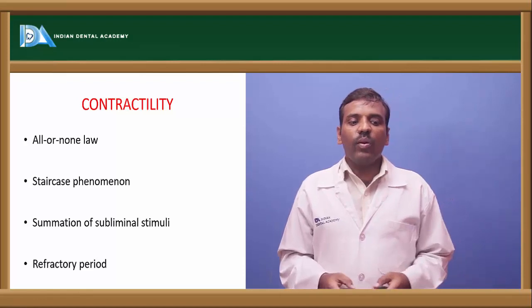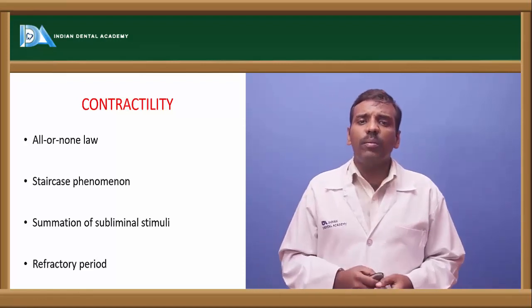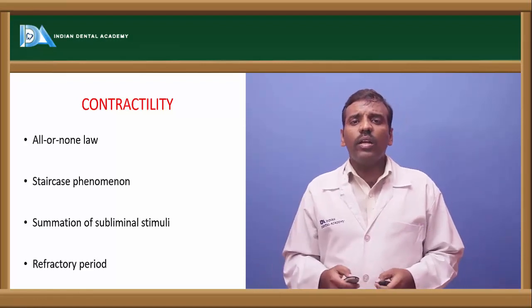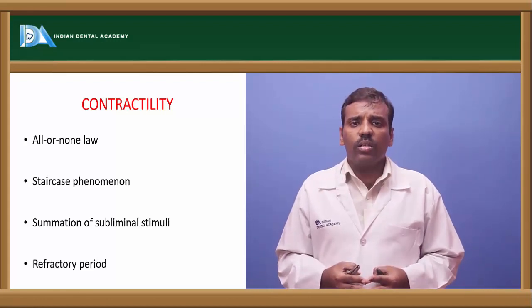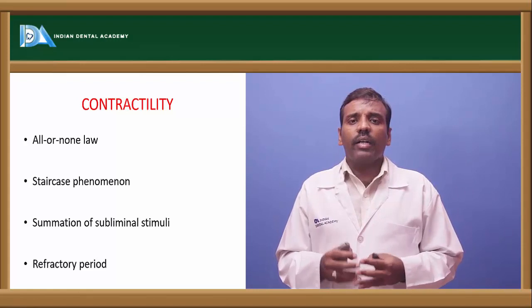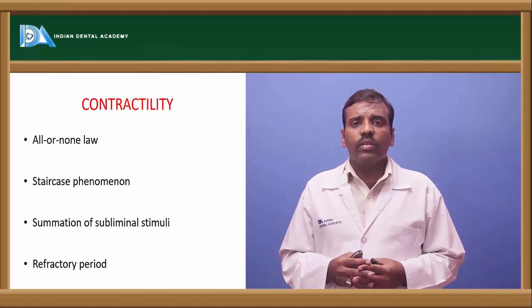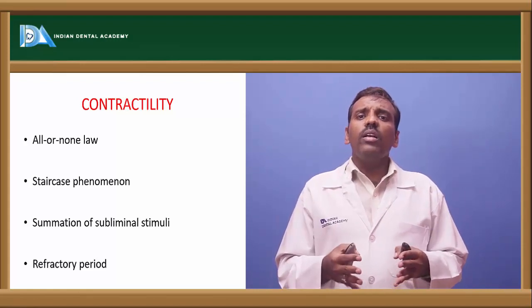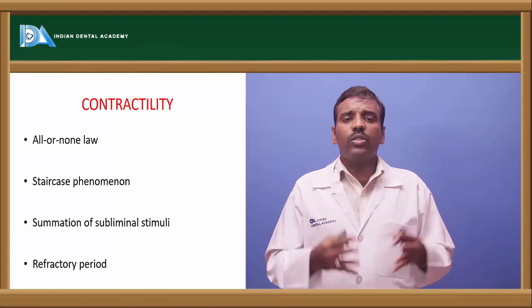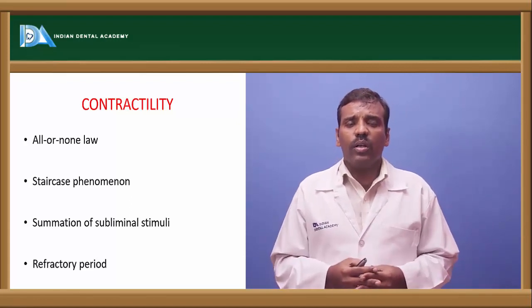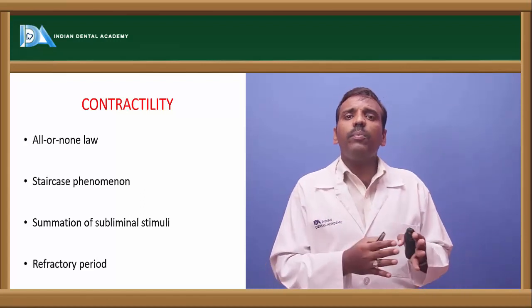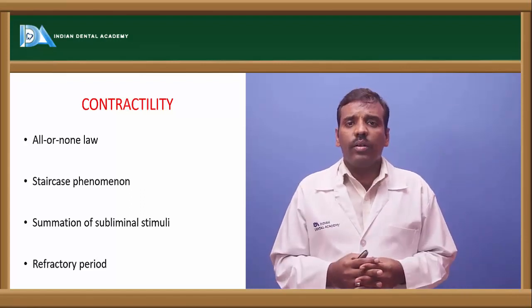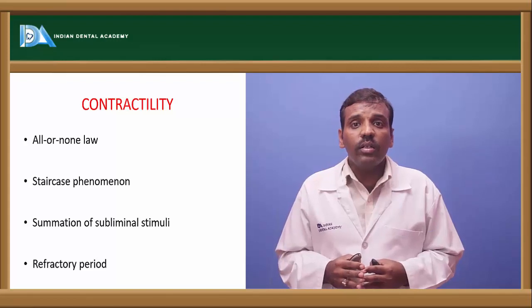And next one is summation of the subminimal stimuli. For example, if it needs 6 volts for the complete contraction of the heart, but only 2 volts is produced by the SA node, actually it needs 6 volts, isn't it?